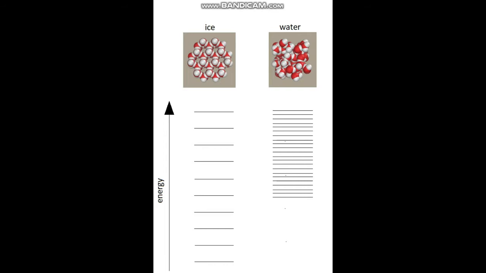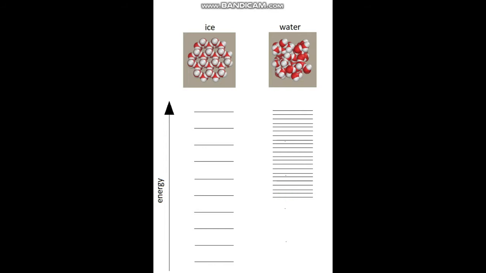Because ice contains more hydrogen bonds than water, 4 hydrogen bonds per molecule here, 3.5 or so in liquid water, more energy has been released, which means that the ground state energy, the lowest possible energy in ice, is lower than it is in liquid water. So this difference in energy reflects the difference in hydrogen bonding.